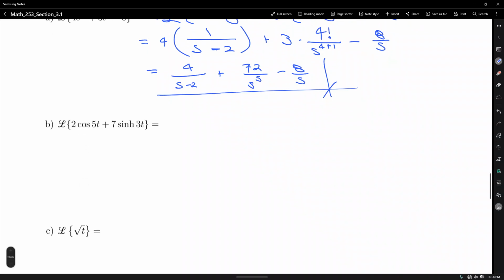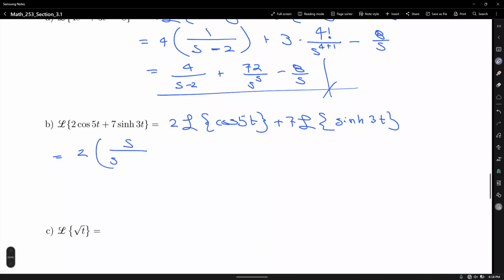So this means 2 times the Laplace transform of cosine 5t plus 7 times the Laplace transform of sinh 3t. The cosine is the one that has the s in the numerator, so this will be 2 times s divided by s squared plus k squared.